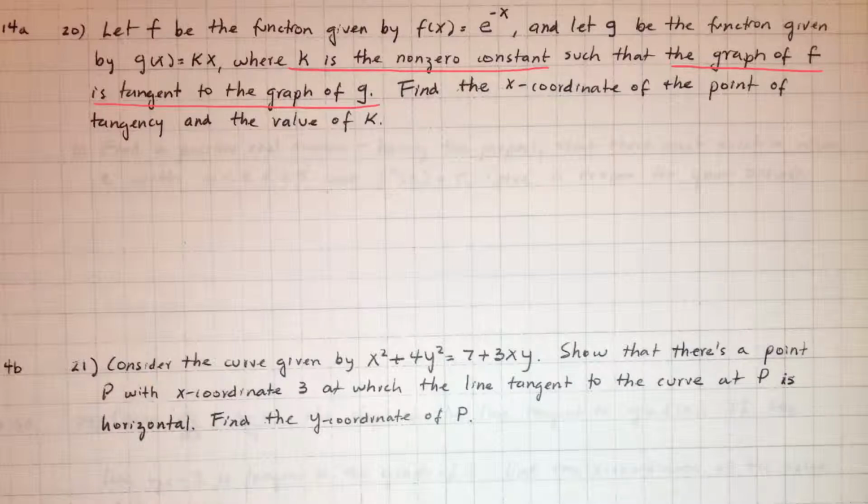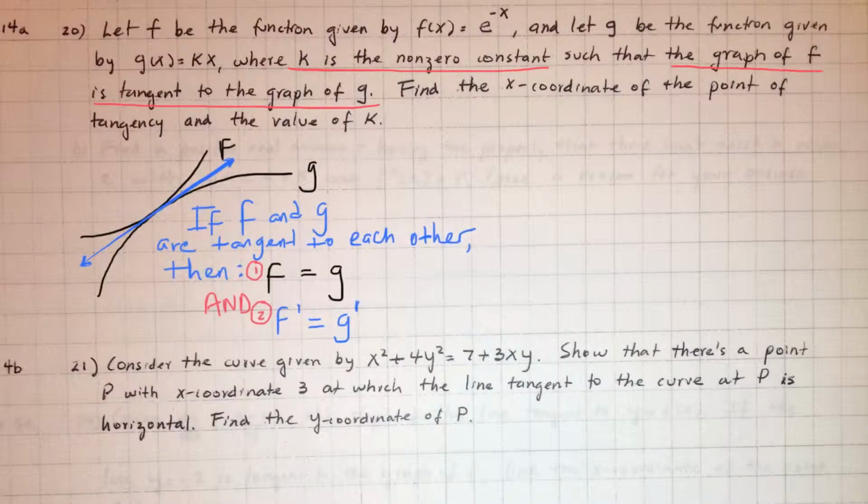So the most important piece of information here is that the graph of f is tangent to the graph of g. Here's a picture of what the question's saying. We have two functions, f, I'm not sure that this is what f looks like, but I'm just making that up, and g. Again, the graph of f is tangent to the graph of g.